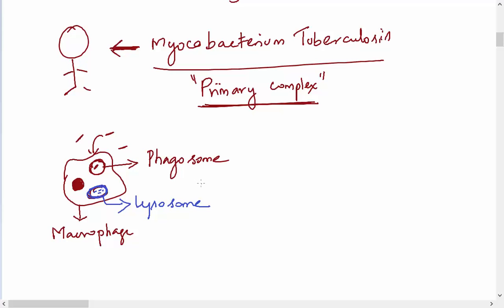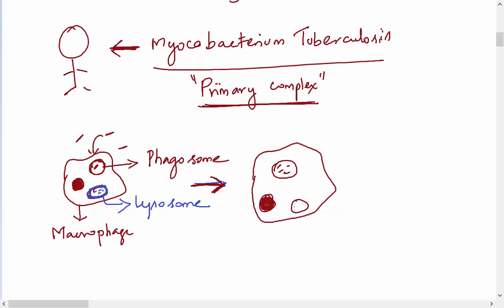Then they coolly grow within the macrophage, because the lysosomes cannot do anything. They keep growing within the macrophage. Then this macrophage enters the circulation.